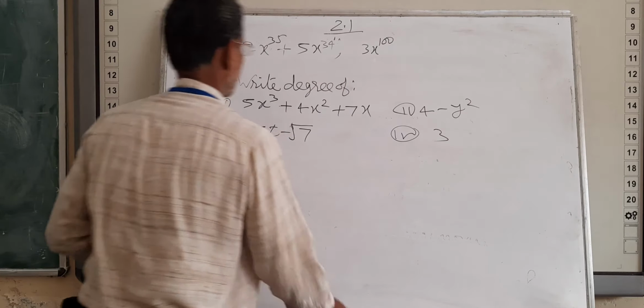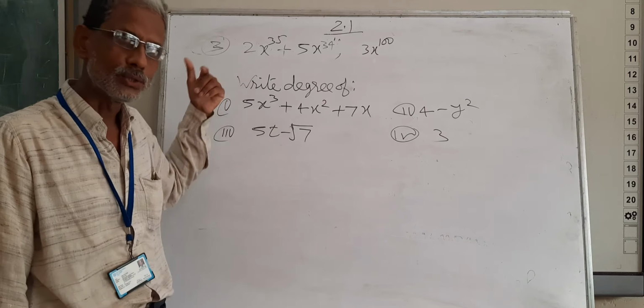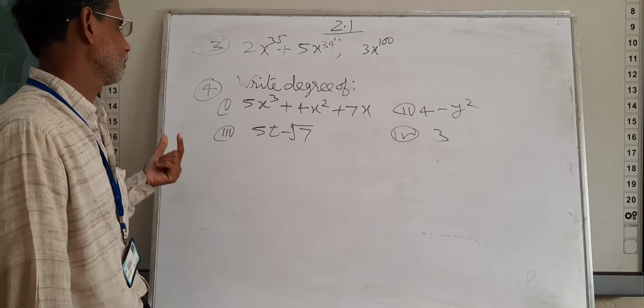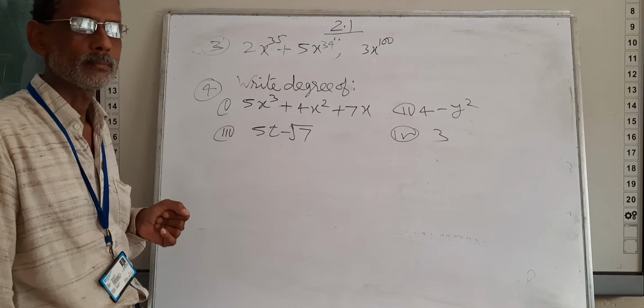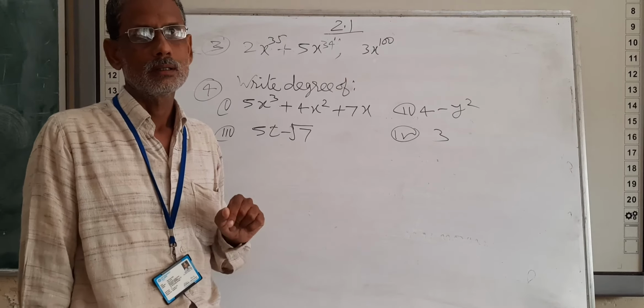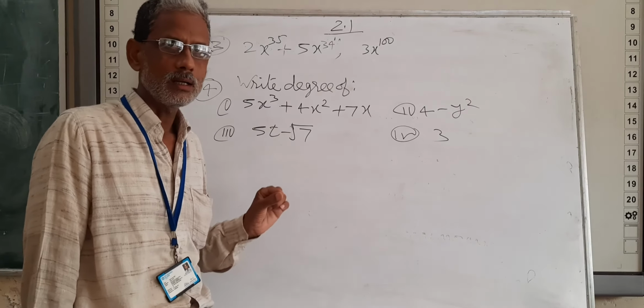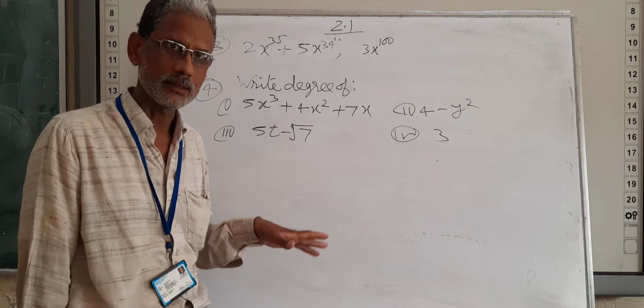Now, in your question 4, you are required to tell the degree of the polynomial. What is degree? The highest power of the variable in a polynomial is called its degree.